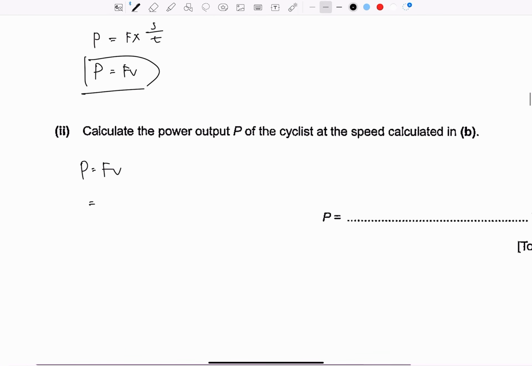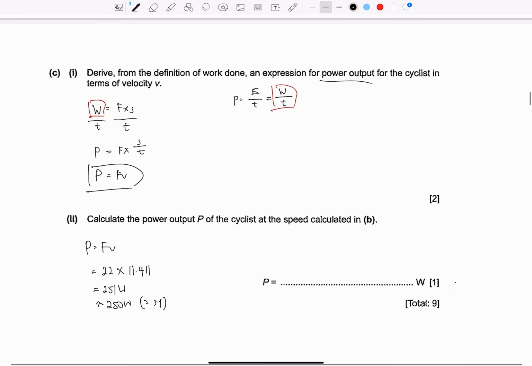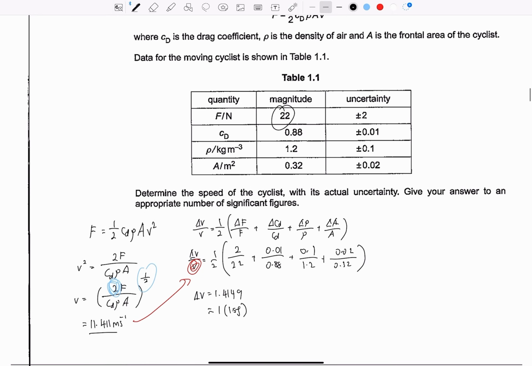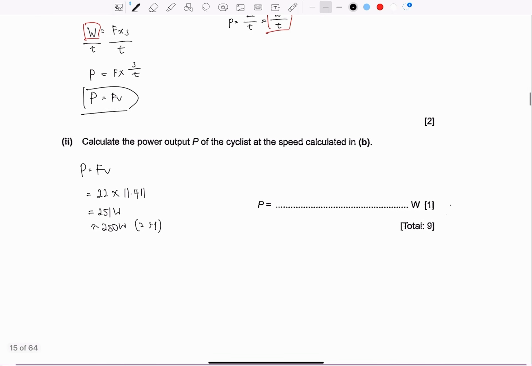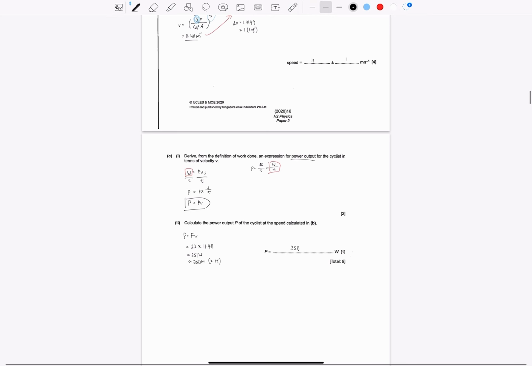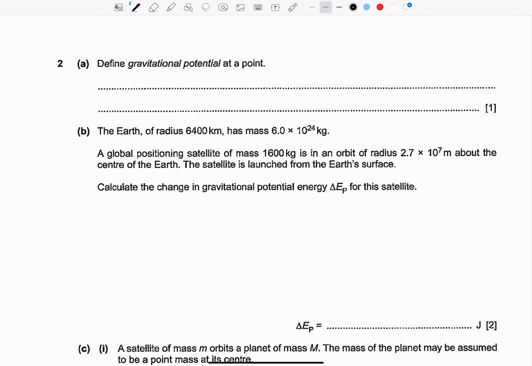So we will take 22 times 11.411, which will give us 251. Round off to 2SF. Why 2SF? Because you want to follow the least SF. 22 has 2SF, so we'll write 2SF: 250. Okay, good. Alright, next question.